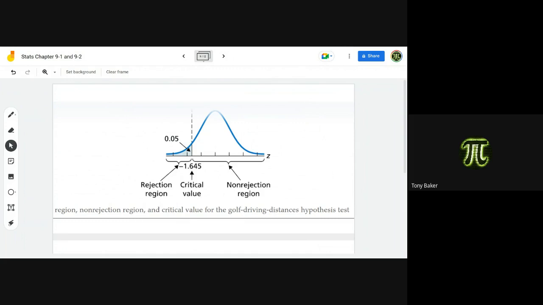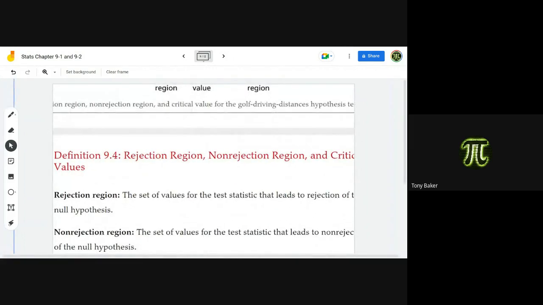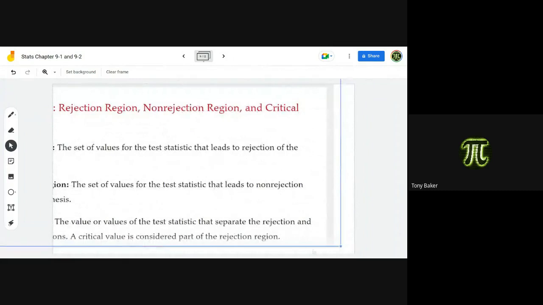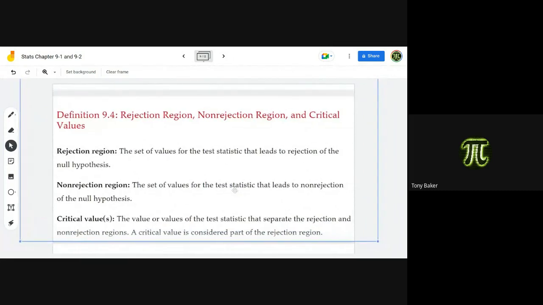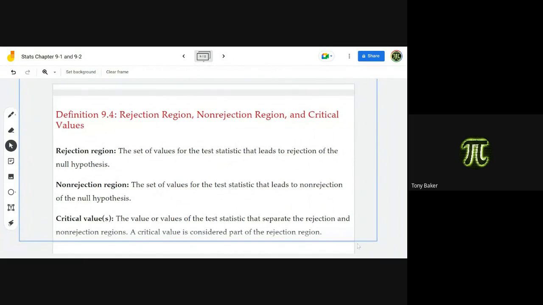So we're saying that whatever they're saying is either correct or not necessarily correct. We're either not rejecting it or we're rejecting it. It could be true or it's probably not true. And there's the book's definitions of that.